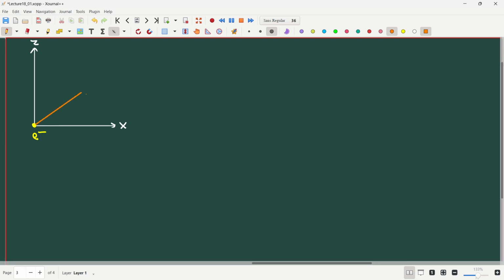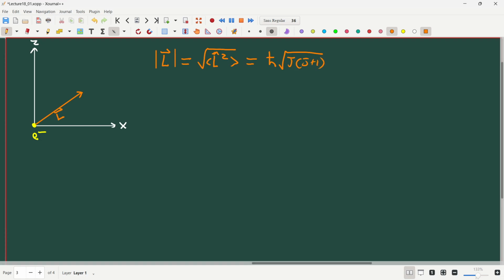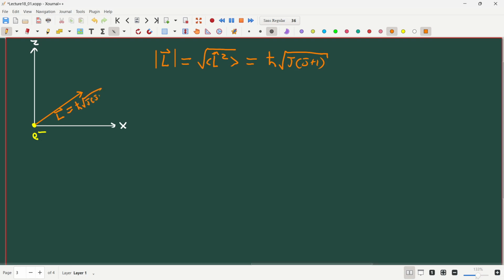There's some angular momentum in some direction. Okay, so let's talk about this angular momentum. We know something about the magnitude. What's the magnitude? Well, the magnitude of the angular momentum is going to be the square root of the result of L squared, the average value of L squared, which is h bar times the square root of j(j+1). So the length of this vector is h bar times the square root of j(j+1).